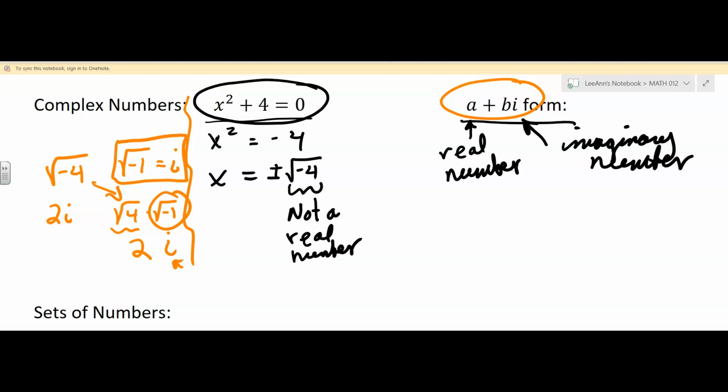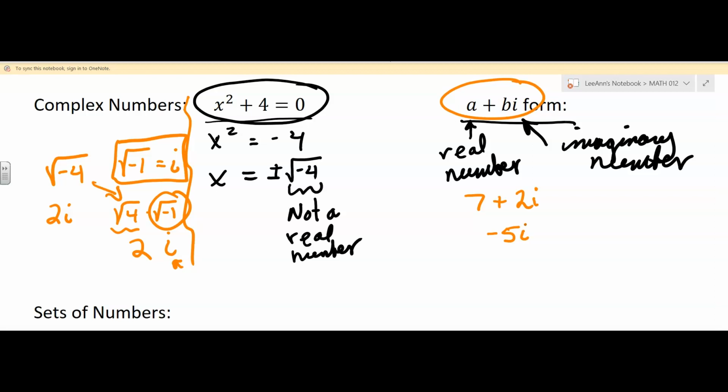So you could have the number 7 plus 2i. The real part would be the 7, and the imaginary part would be 2i. You could have an imaginary number that's -5i. The real part would be 0. The imaginary part would be -5i.